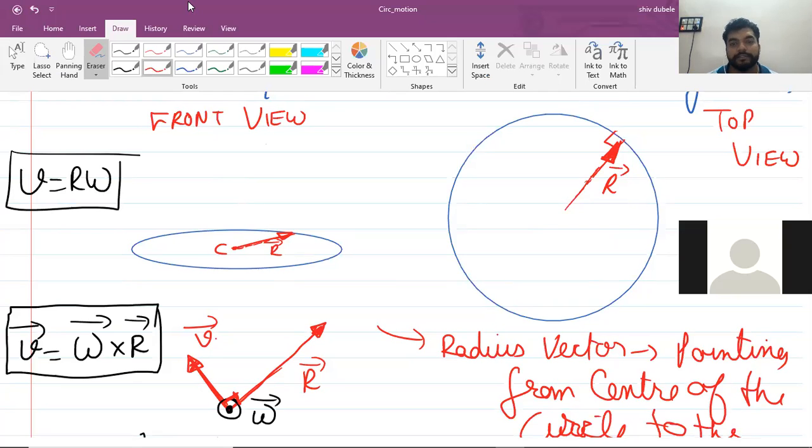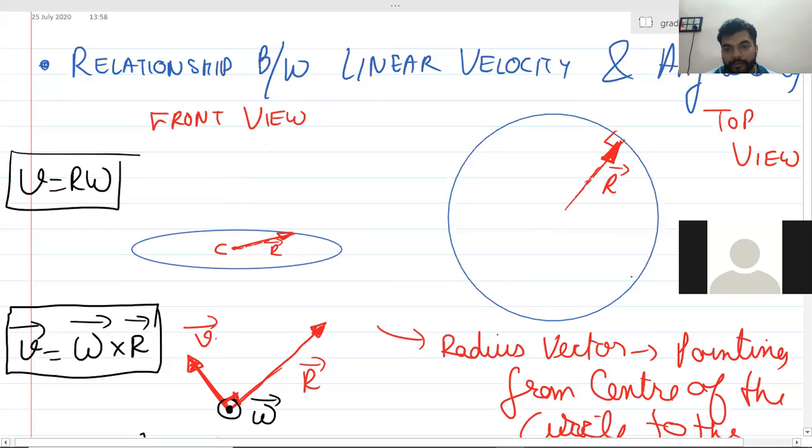Let's say the particle is not rotating anti-clockwise, let's say it is rotating clockwise. When the particle rotates clockwise, omega will act into the plane. The velocity at any point will be acting like this. This will be your velocity vector.